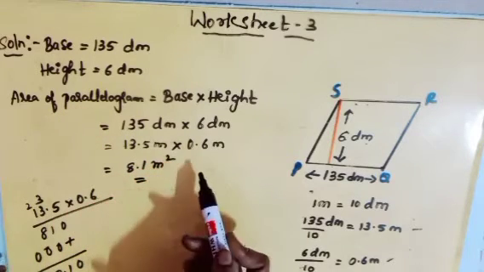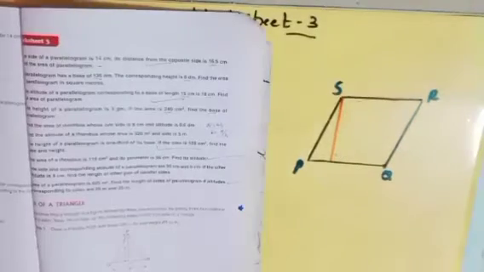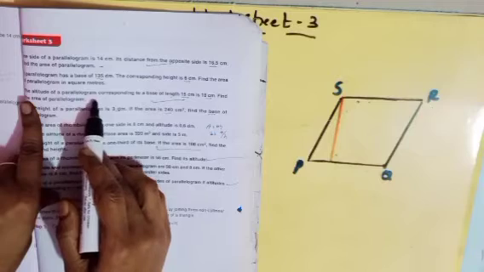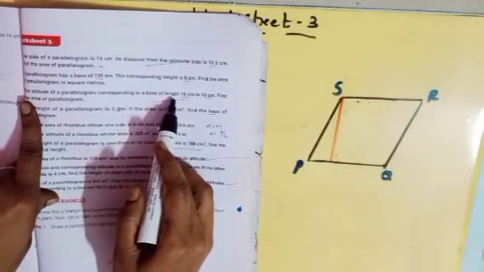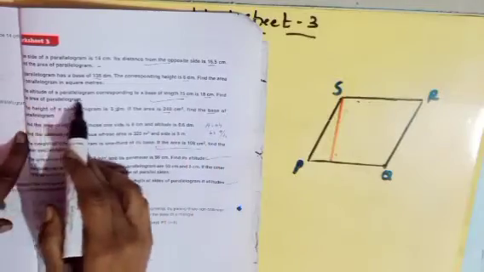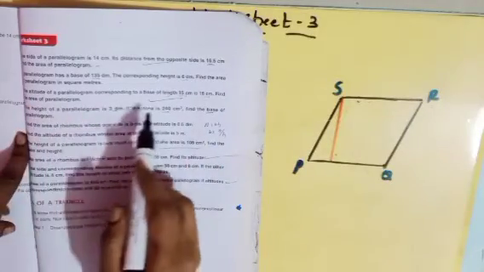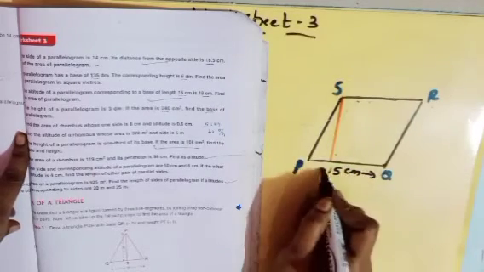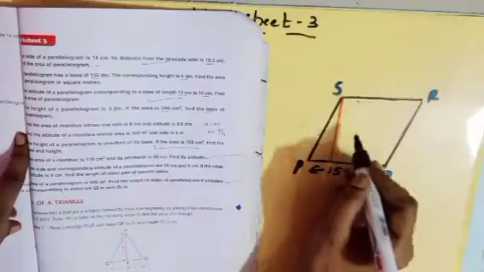Let us solve the third one. The altitude of a parallelogram corresponding to a base of length 15 centimeter is 18 centimeter. Find the area of the parallelogram. So what is given is base 15 centimeter and height 18 centimeter.